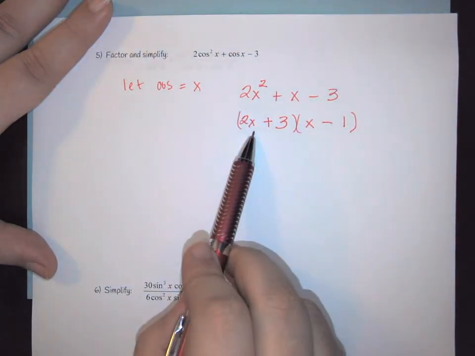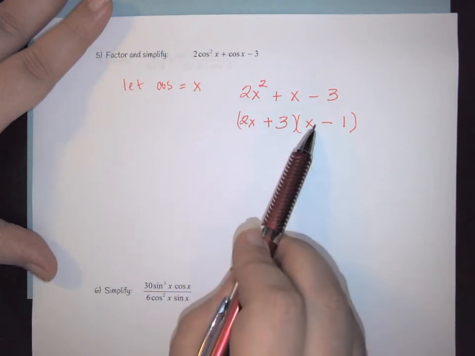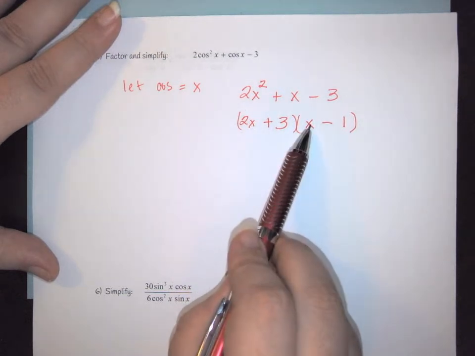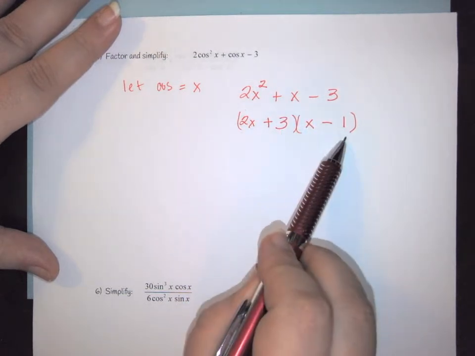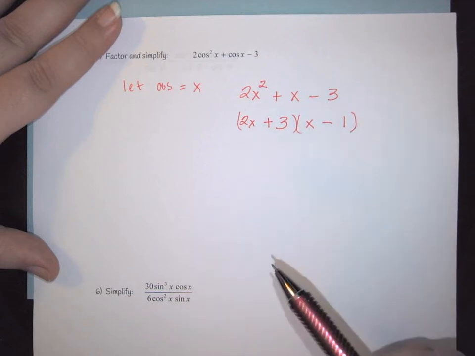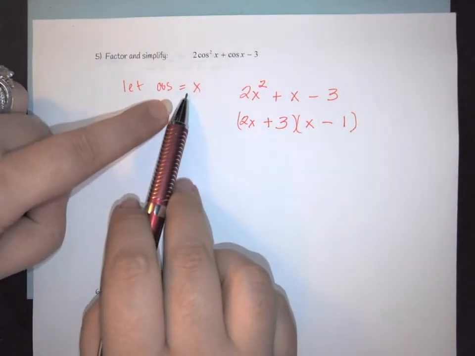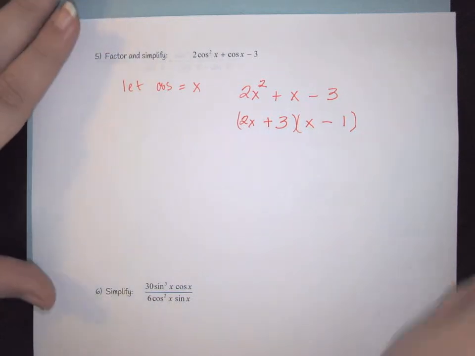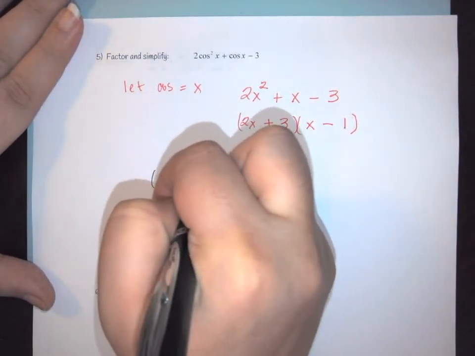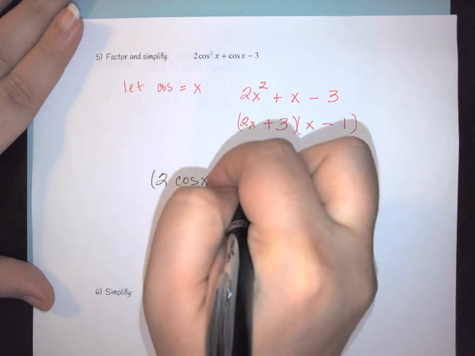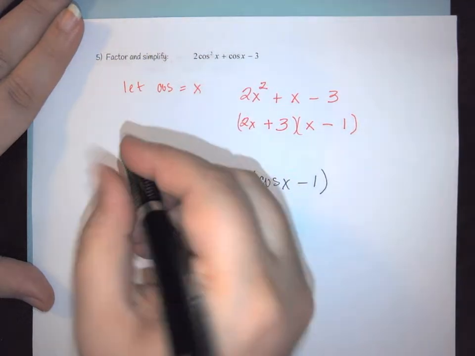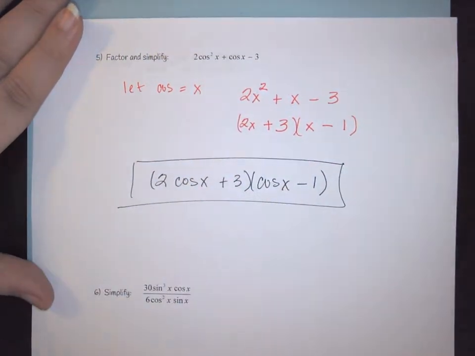So if you were to multiply this back out, 2x and x is 2x squared. 2x and negative 1 is a negative 2x, plus 3x is x, and then 3 times negative 1 is negative 3. Now, we've already got our factors, however, we just have to remember in the beginning we interchanged out the cosine. So this is really going to become 2 cosine of x plus 3 times the cosine of x minus 1. And this is your factored form.